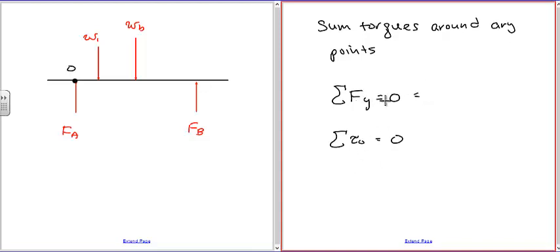Now, what are the forces? We just know they have to add up to 0. You look at the ones pointing in the y direction, which is every one. We have F sub A pointing in the positive y direction.